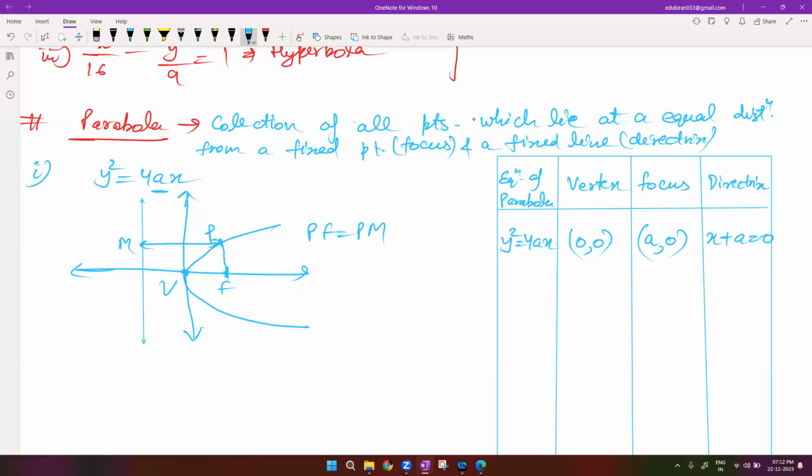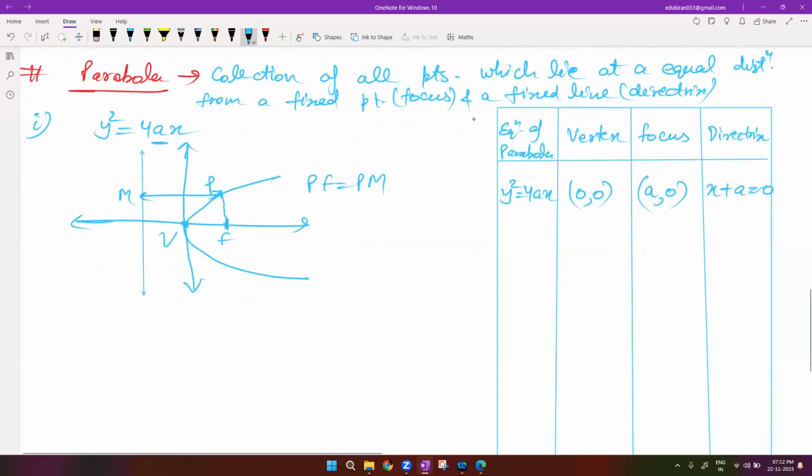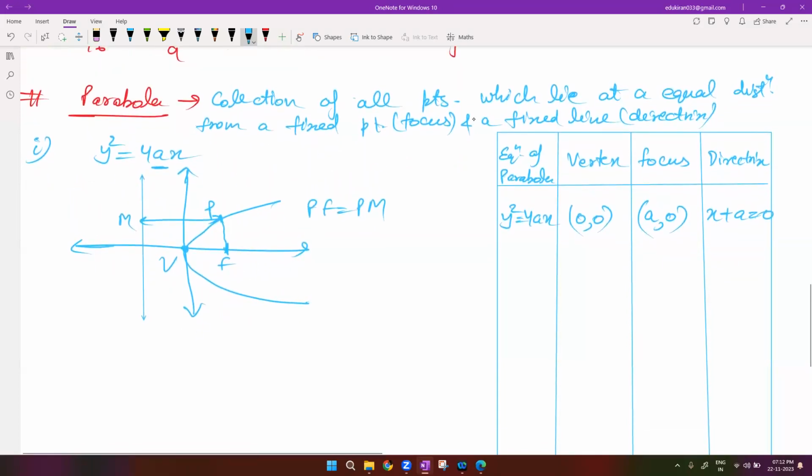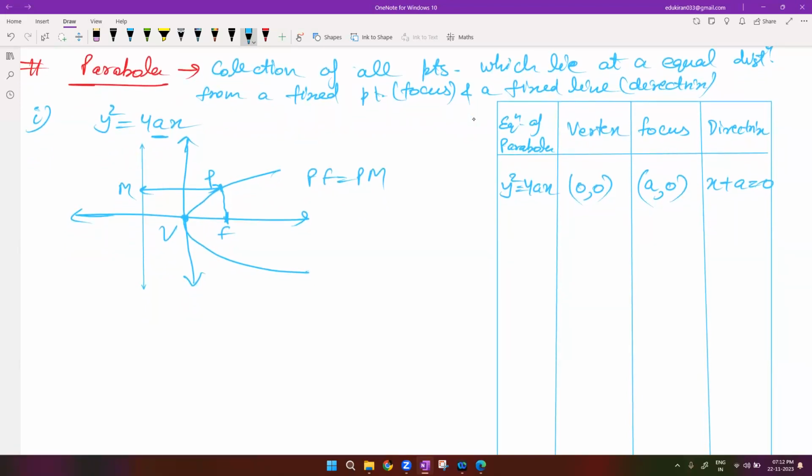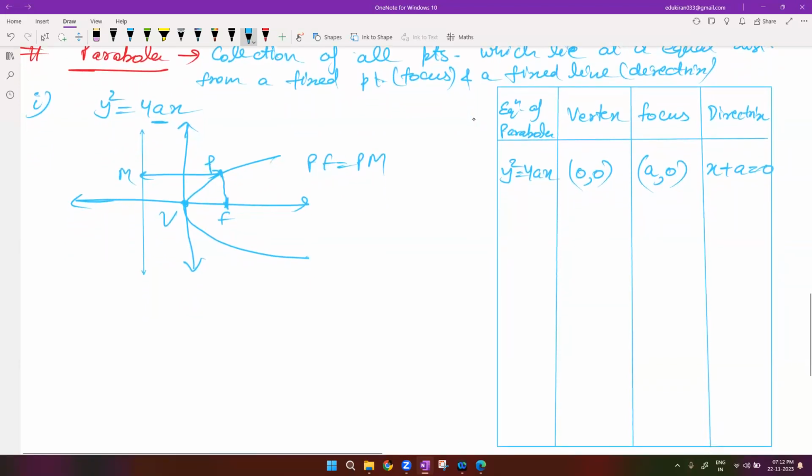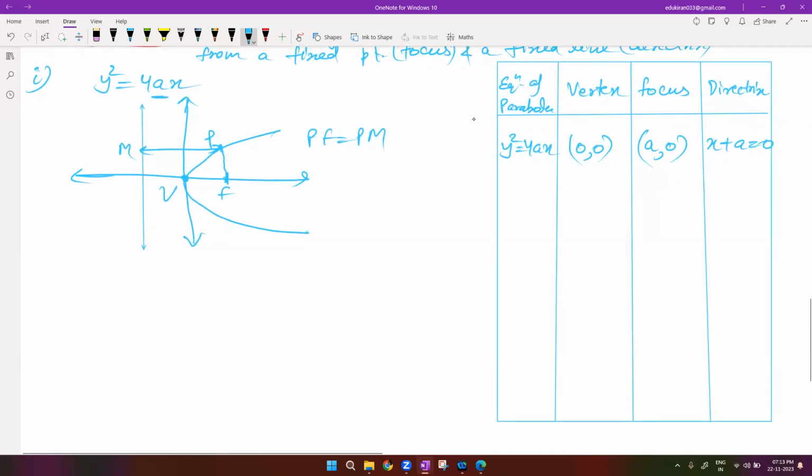And this P can be any point. I am just taking this point above the x-axis, but you can take any point on this parabola. The distance of that point from focus and directrix will always be equal. Then only we can say that this is a parabola. So collection of all points which lie at an equal distance from a fixed point and a fixed line is called parabola. Now there are four types of parabola. This is one of them.